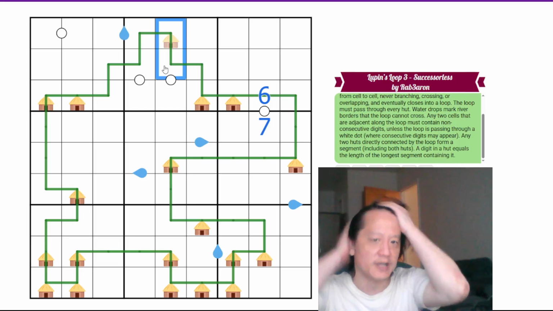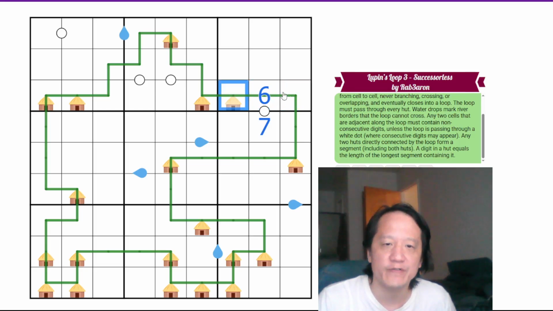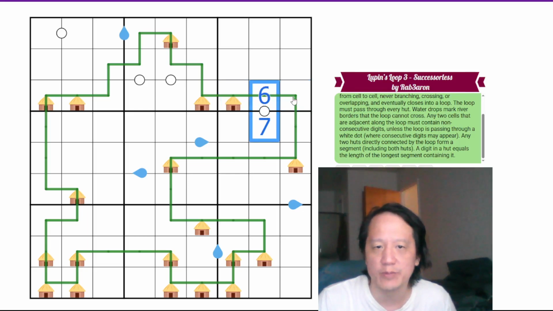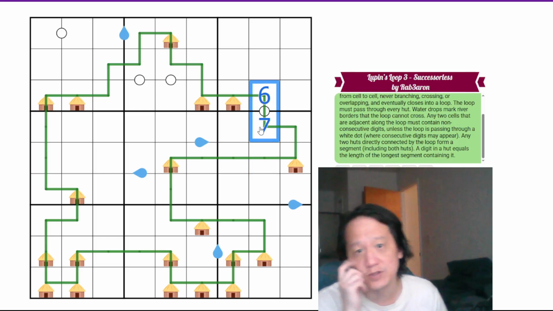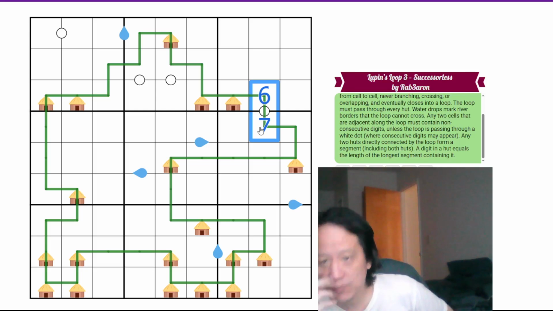Another way of putting it. So, for example, if this were a 6, these two digits could not be 5 or 7 because they are not going through a white Kropki dot. Now, on the other hand, say we had the loop do something like this. Then this is valid to be consecutive because the loop is going through a white Kropki dot.